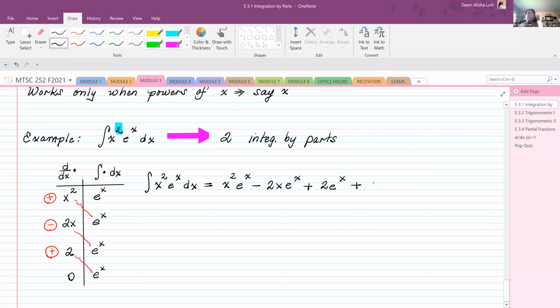So the integral of e to the x cosine x dx, my original problem, turns out to be e to the x sine x plus e to the x cosine x, divided by 2. Okay. Any questions about that?